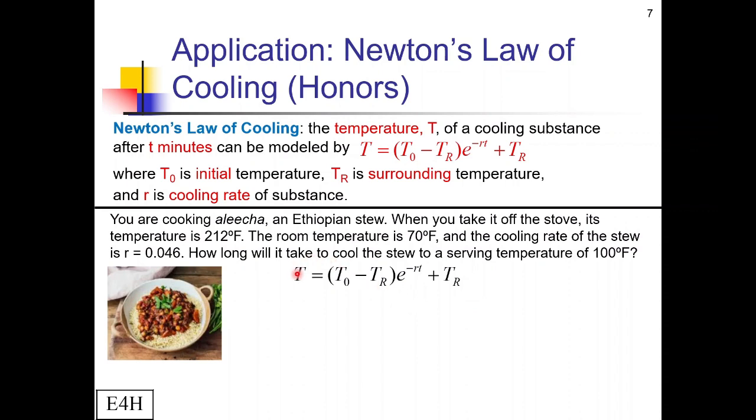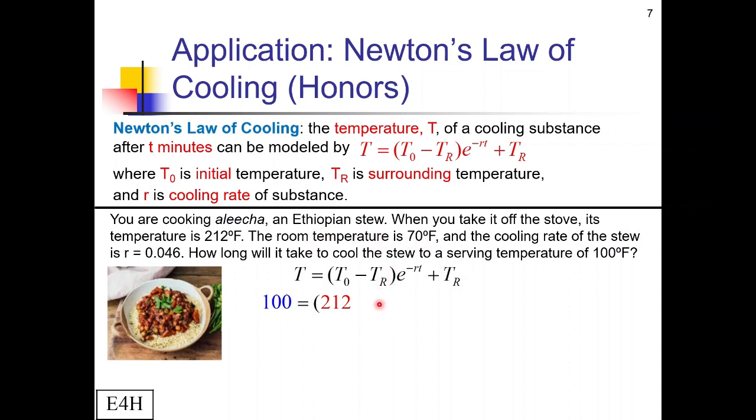This big T, that's the target temperature. They want to know how long it takes the stew to cool to 100 degrees. So that's going to be 100 for this T without the little subscript. For the T0, T naught, the initial temperature, that was the 212 that our alicha started at. The surrounding temperature, the TR, this was the room temperature of 70 degrees. And maybe this R actually stands for room.